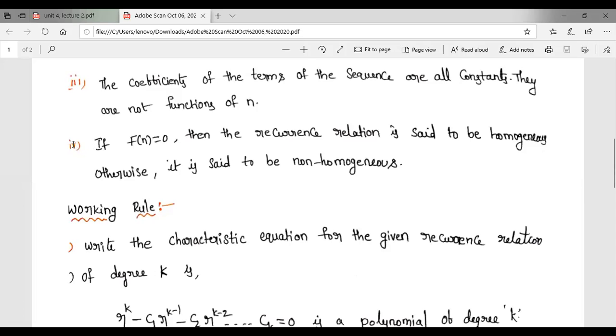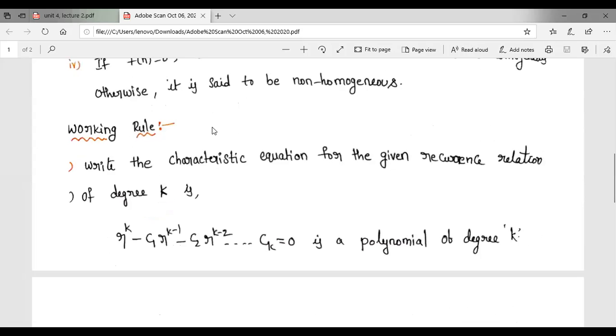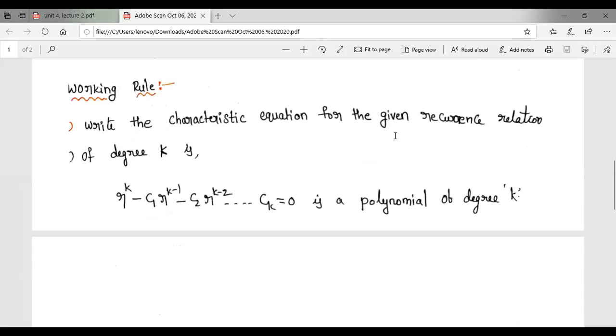So working rule: how to solve these linear homogeneous equations? First we have to calculate the degree of the given recurrence relation. After that we write the characteristic equation for the given recurrence relation of degree k. How to write the characteristic equation?